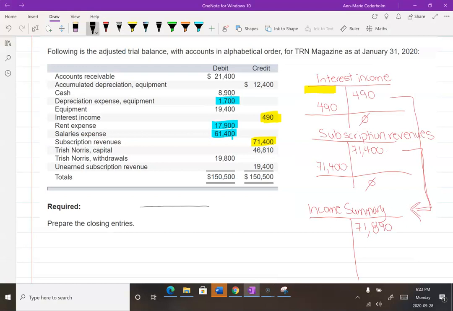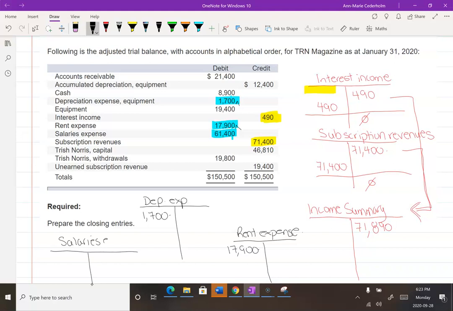Okay, so I'll just set up the T accounts here. So I have my depreciation expense, and that was the $1,700. I have my rent expense, and that was the $17,900. And then I have my salaries expense, and that was the $61,400. So with that journal entry I just made, I moved $1,700 out of depreciation to make that 0.